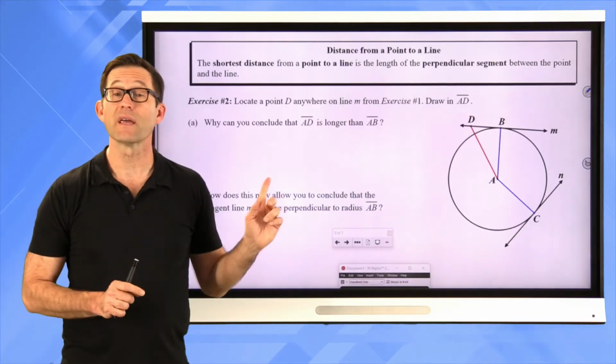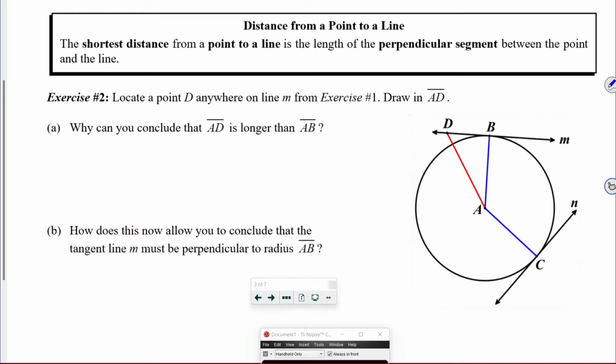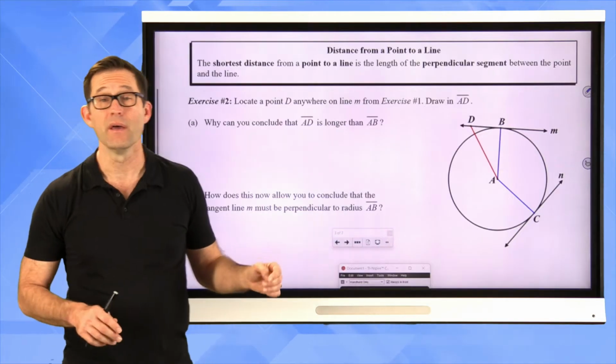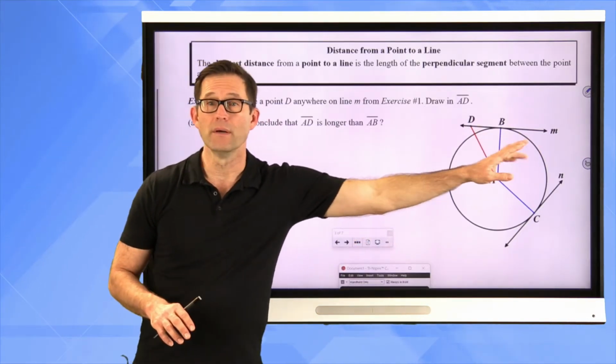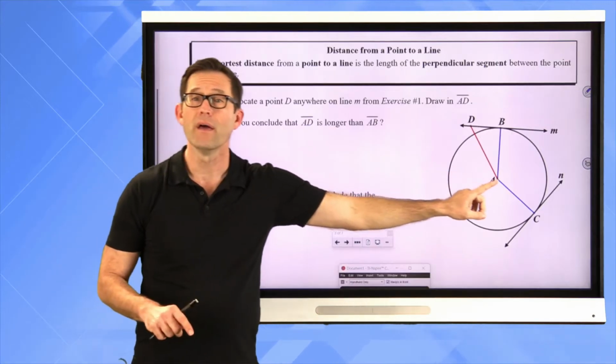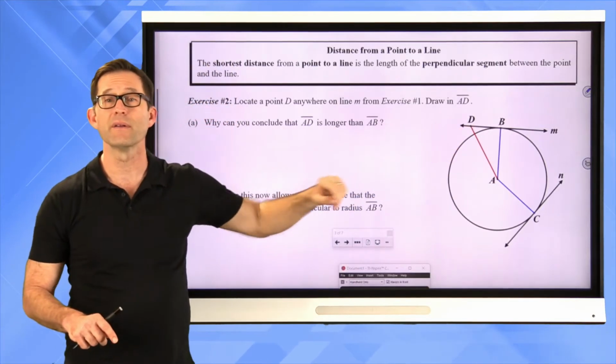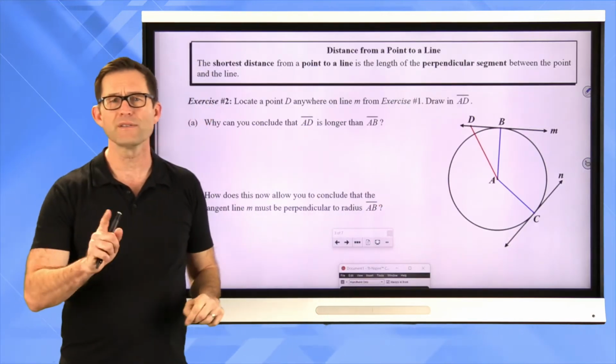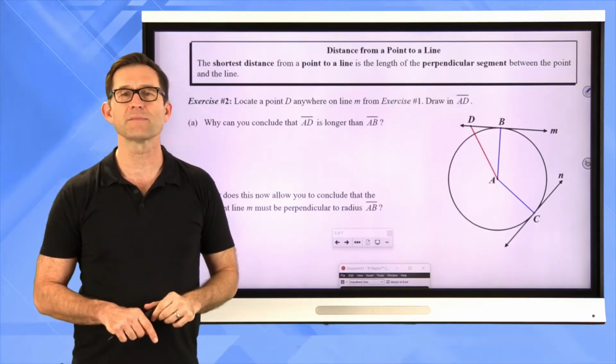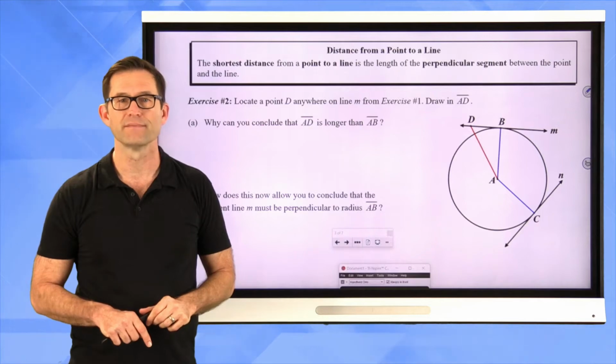Okay, so let's take a look at letter A now. Why can you conclude that AD is longer than AB? I claim that no matter where you put that point, anywhere you put that point and you connect the center to that point, that segment is going to be longer than that one. Pause the video now and see if you can give an explanation for that.